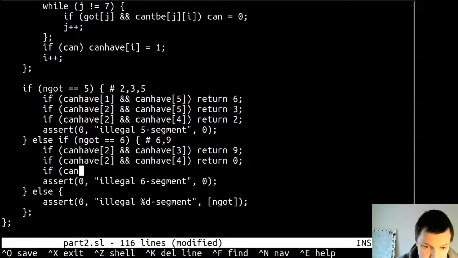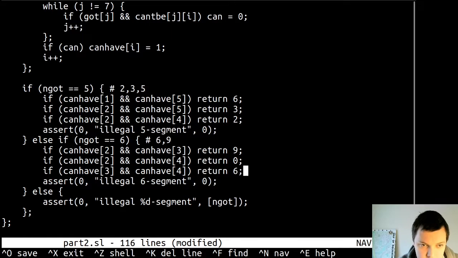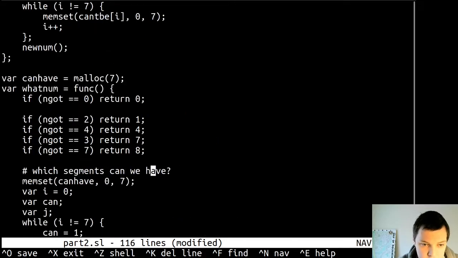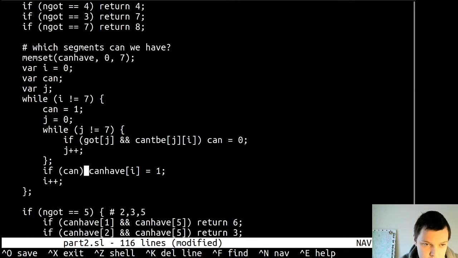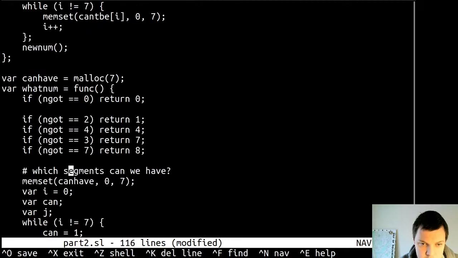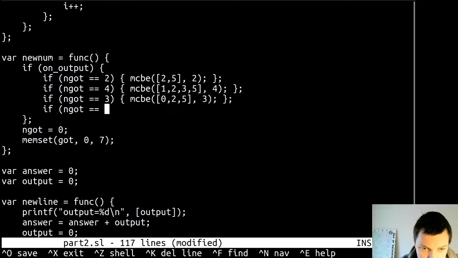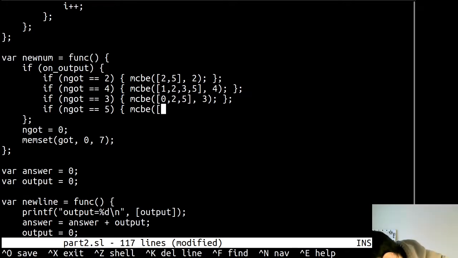And 3 and 4 is D and E, which is 6. Also, when we're marking can't be except, where is that? If the number we've got is 5, then we need to mark can't be except for A, D and G, which is 0, 3 and 6.